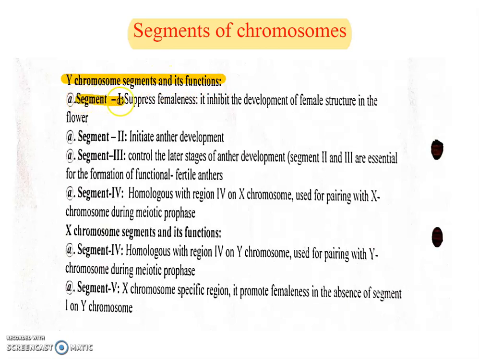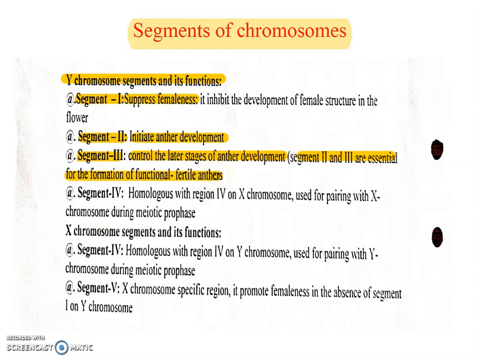Segment 1. The Y chromosome is divided into 4 segments, and the first segment suppresses femaleness. The second segment is for initiation of anther development. The third segment controls the later stage of anther development, meaning pollen grain development. So segments 2 and 3 are essential for formation of functional fertile anthers, or pollen grains.